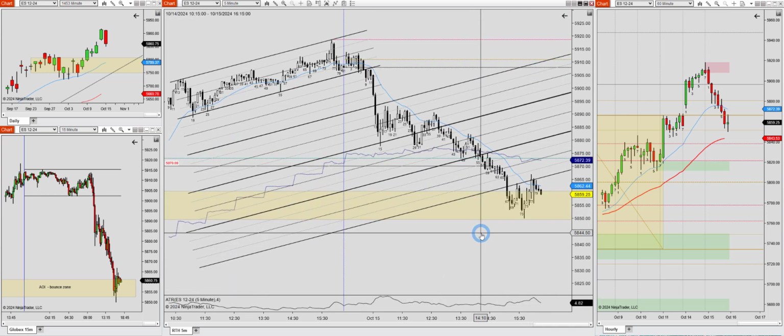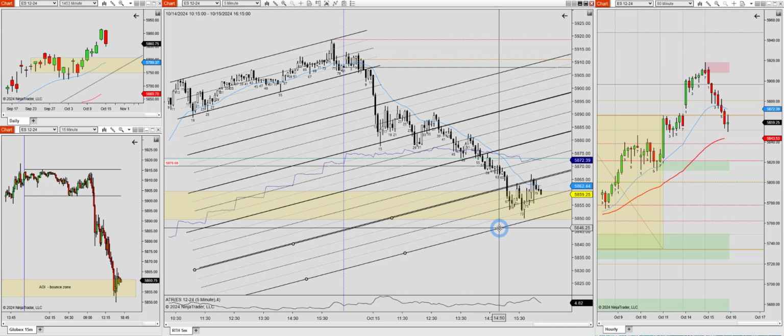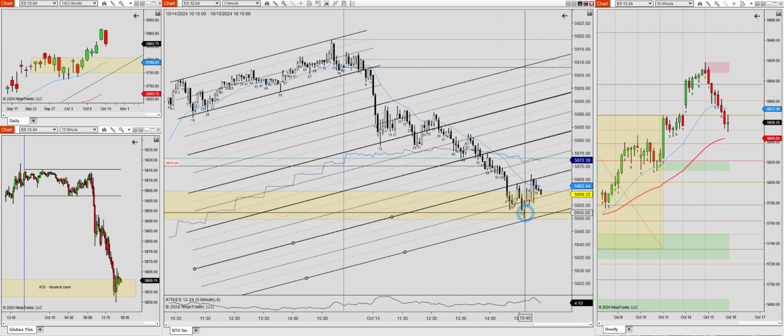So now I'm looking for another break right there. Okay, so now I'm going to add that, and somewhere around here, I didn't do a very good job there, but still, look how close we got, and we found buyers. So basically we stack 1, 2, 3, 4, 5, 5R, and market just kept selling and selling and selling.